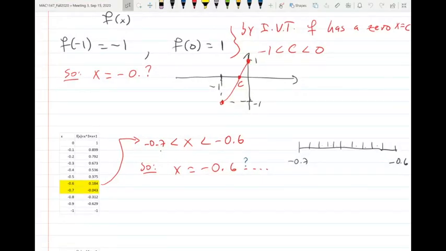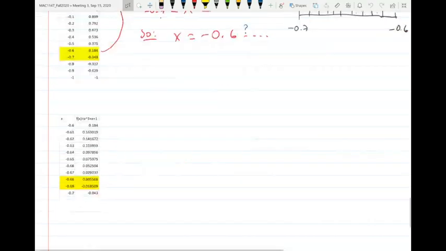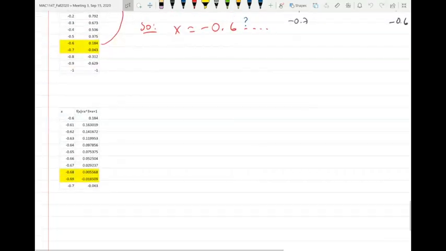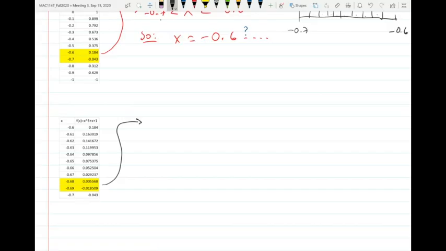Now that we know the 0 was between negative 0.7 and negative 0.6, we did the calculation again, and we figured out here is where the change in sign is happening. It turns out that it's between negative 0.69 and negative 0.68. So what is this telling us? This is telling us that x is going to be equal to negative 0.68 and so on.